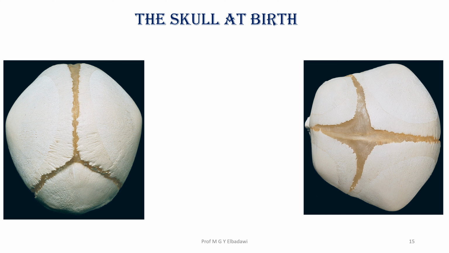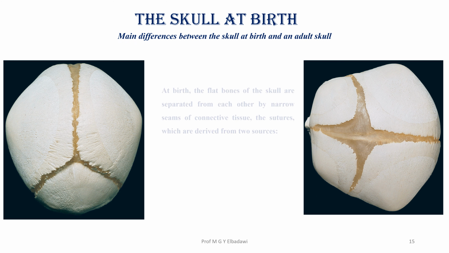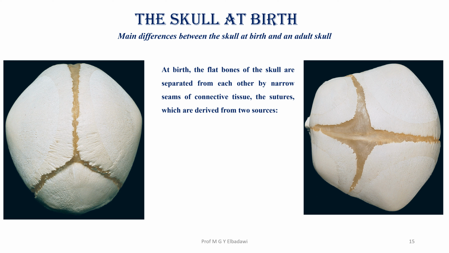That is the main difference between the skull at birth and the adult. The flat bones are separated by those sutures, which are formed of connective tissue, and those sutures derive from two sources: the neural crest cells, which will form the sagittal suture, and the paraxial mesoderm, which will form the coronal sutures.